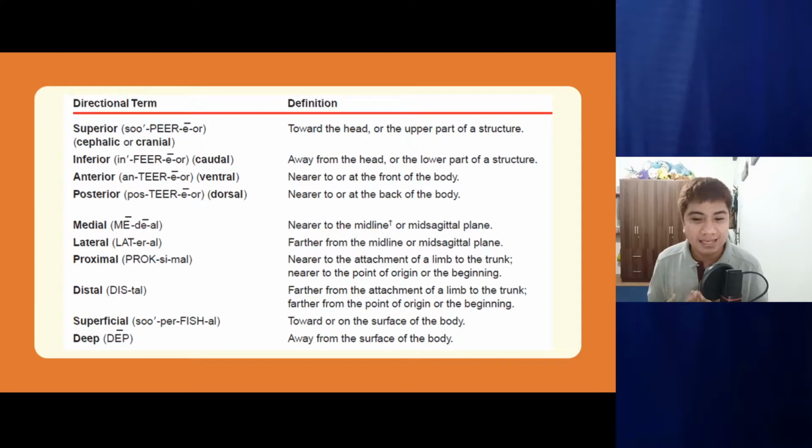Okay? Next, we will have medial. So, nearer to the midline or the mid-sagittal plane. Mismo ara siya mismo sa tunga. Okay, medial. So, for example, the ulna is medial to the radius. Di ba ang aton anatomical position is arms on the sides facing forward. So, magamba kita ulna. Ang ulna ta is this one, yung ari class.